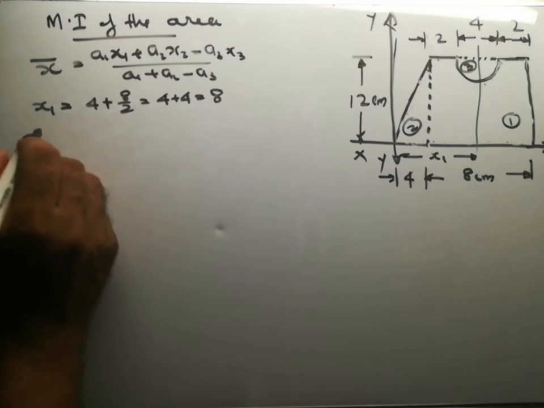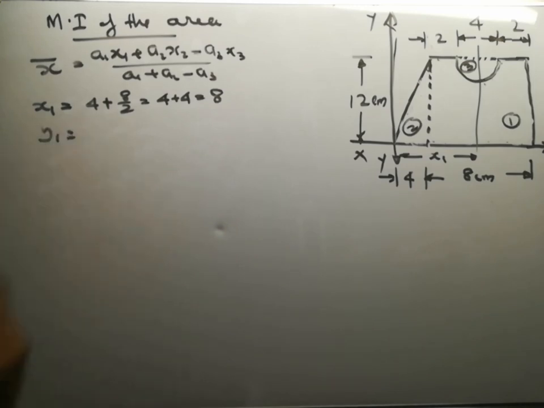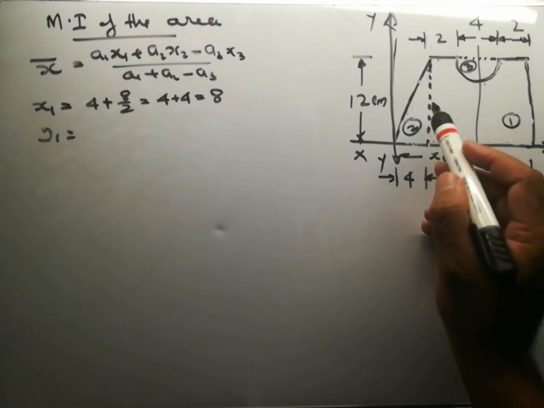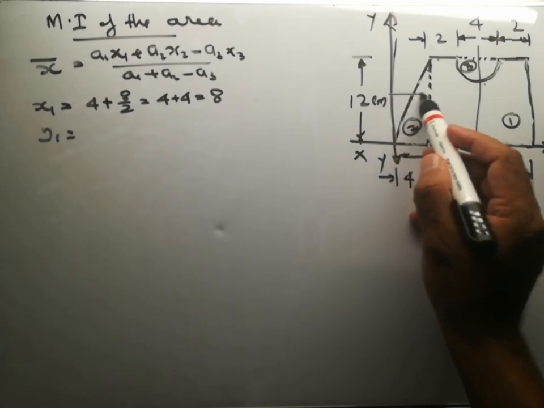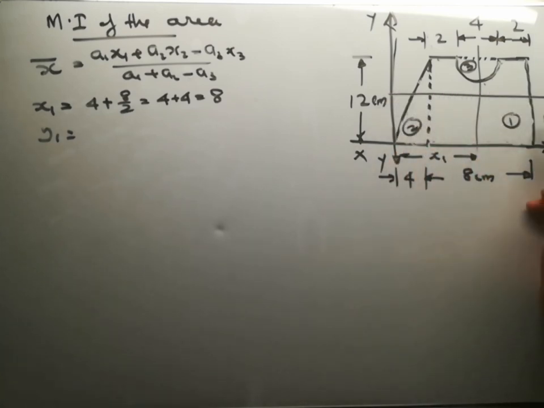Then y1 will be this distance. What will be y1? y1 will be the distance of the centroid from the x-axis in the perpendicular direction.